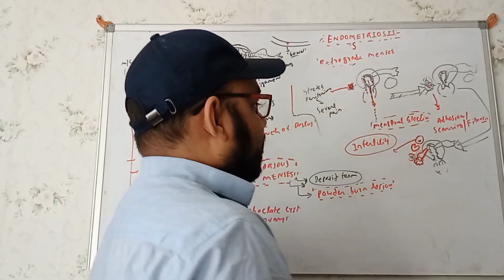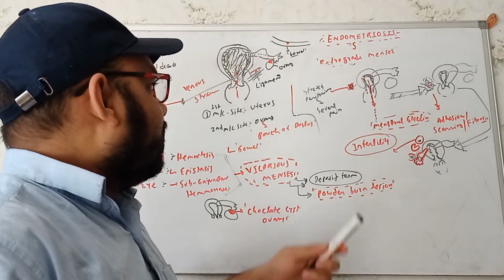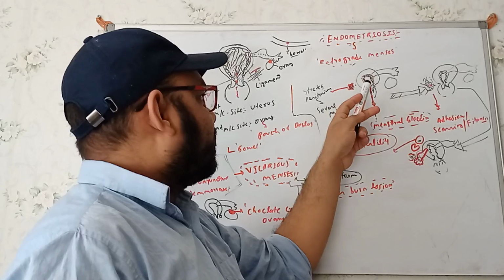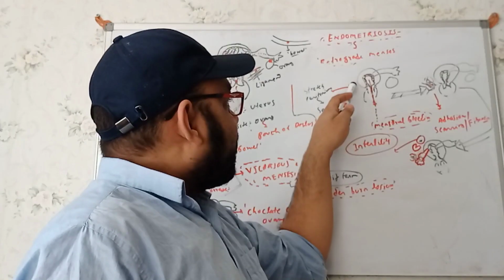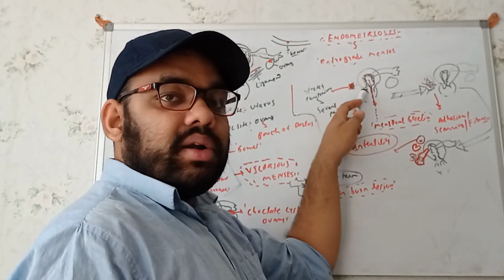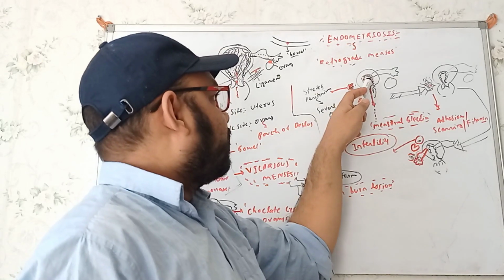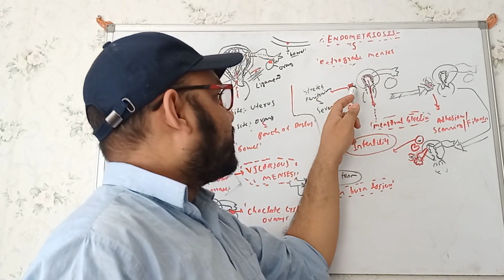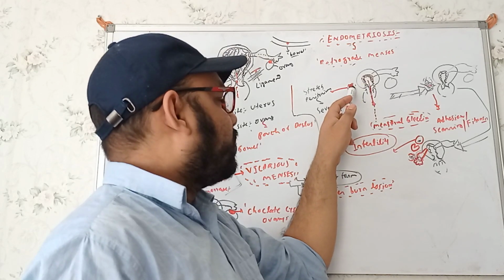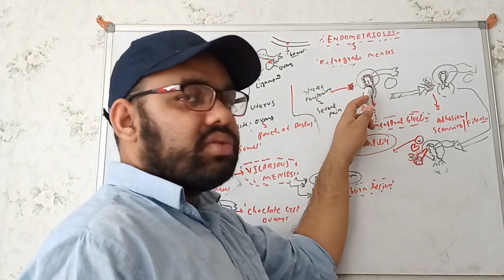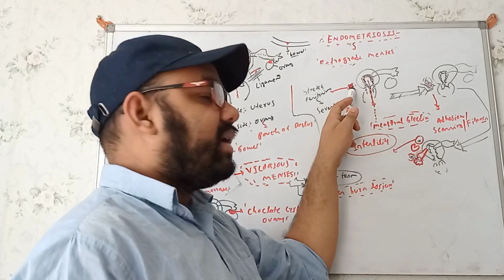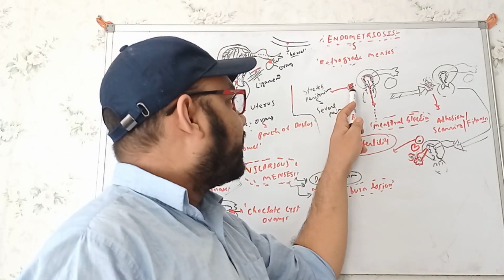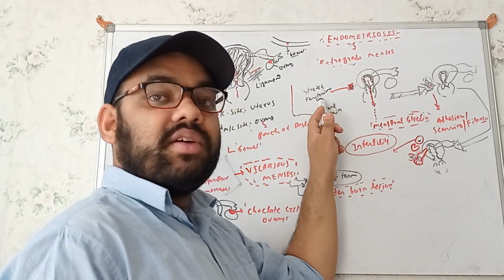So what did I say? Let's revise once again. In these cases, as I first said, whenever we see endometrial glands located apart from the uterus, that means outside the intrauterine cavity, for example, here, by the actions of estrogen and progesterone we will also see bleeding over here. Now whenever we see bleeding over here, the accumulated blood will stretch the peritoneum, which will cause pain.